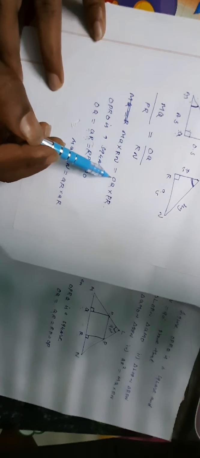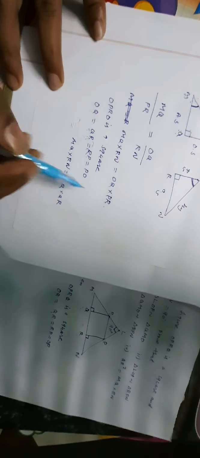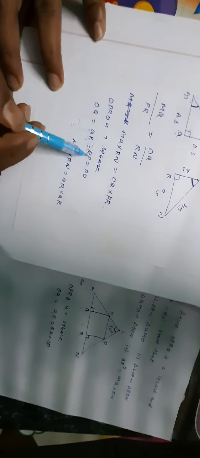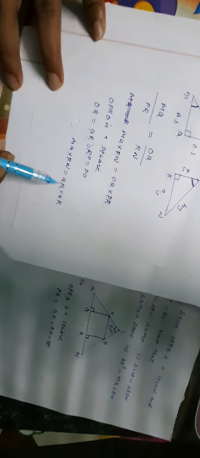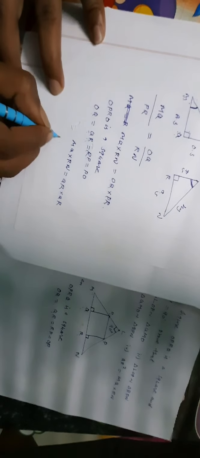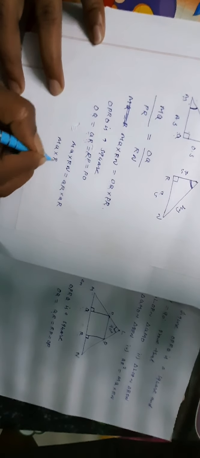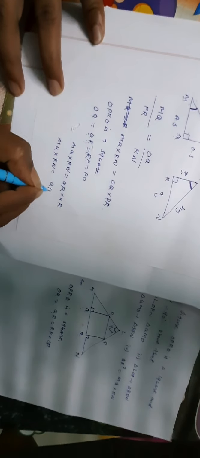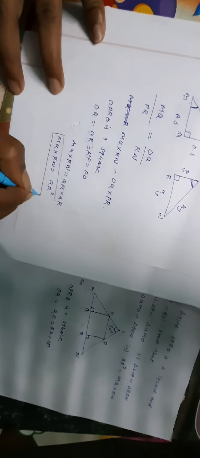Understand? So I can substitute OQ is equal to QR and PR also equal to QR. So we can get MQ into RN is equal to QR square. So this is result number 4.